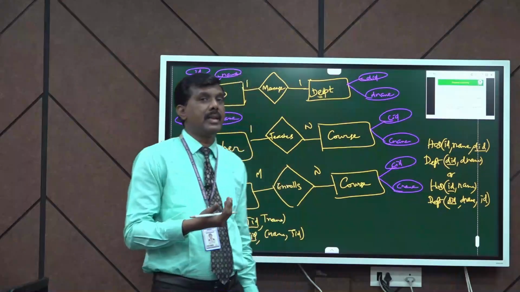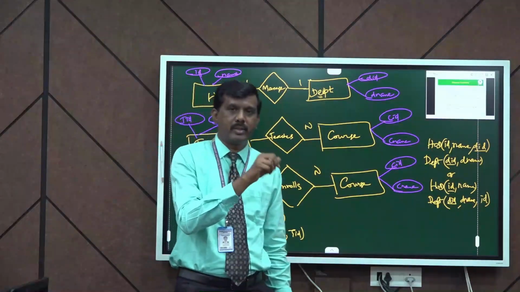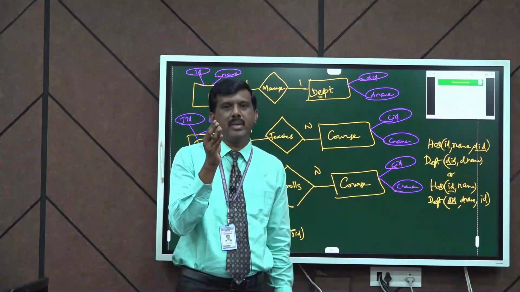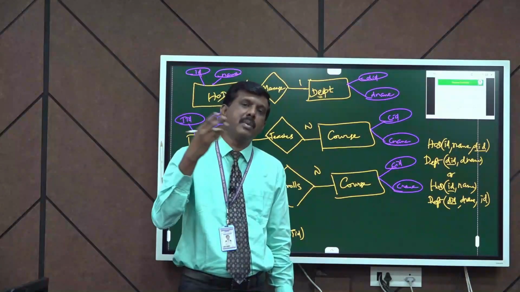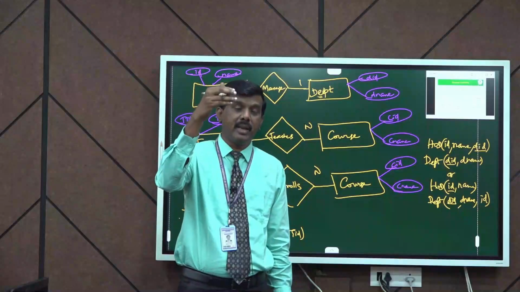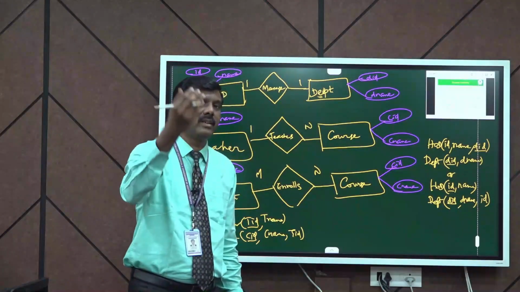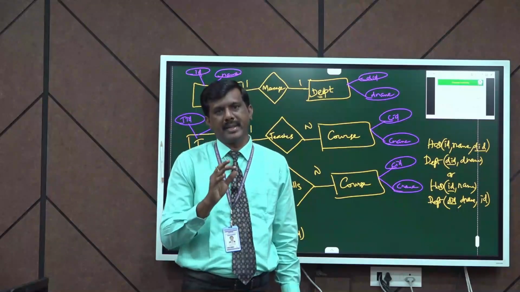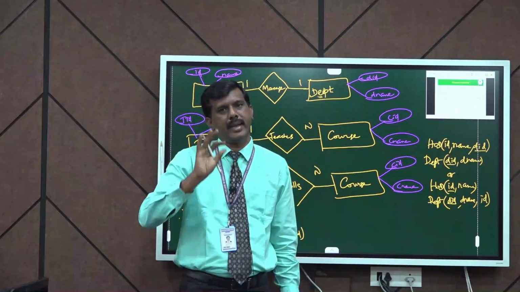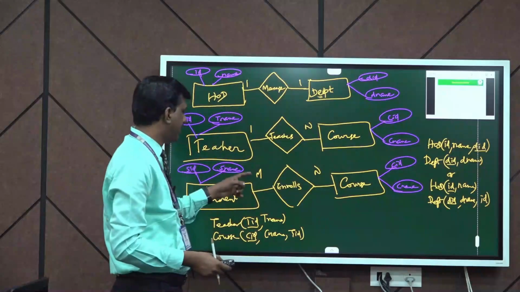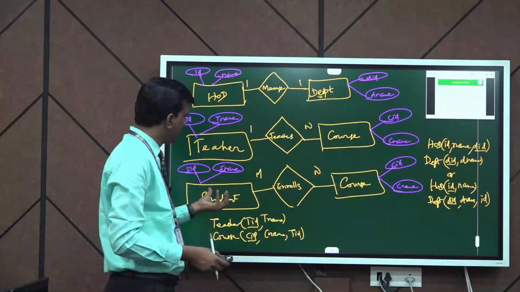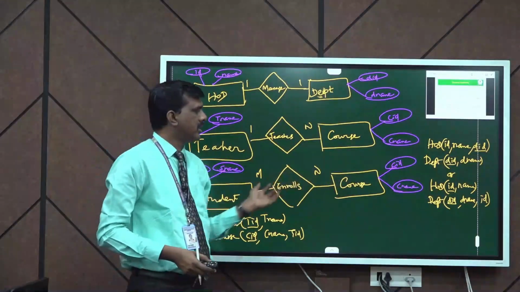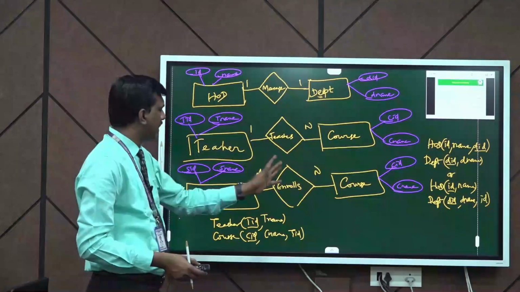Similarly, these students need not do a single course; they may do multiple courses, because they are studying DBMS, they are studying networks, they are studying operating systems. So, the relationship, student enrolls courses, is an m to n relation. Now, how to convert it?